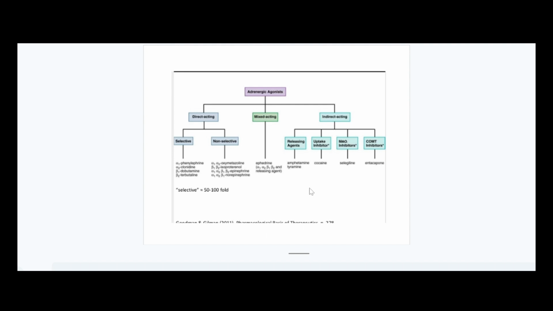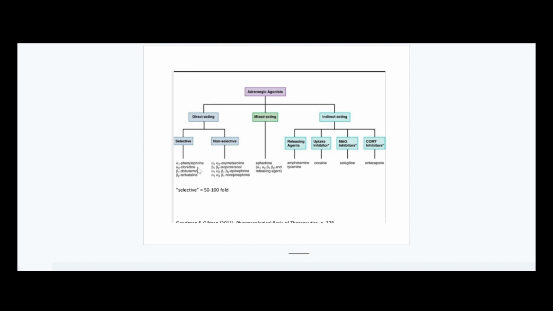So a clinical question would go that if a patient has asthma and is hypertensive, you are not going to give some particular drugs that are non-selective.